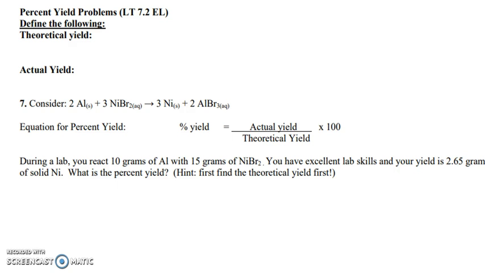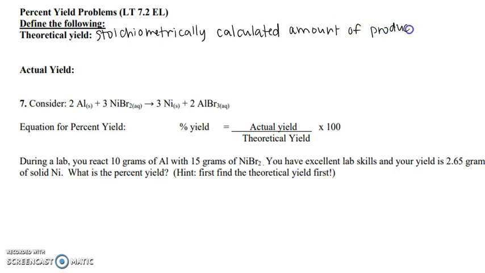Theoretical yield, which we defined previously, and remember that theoretical yield is the stoichiometrically calculated amount of product you can produce based on the limiting reactant.